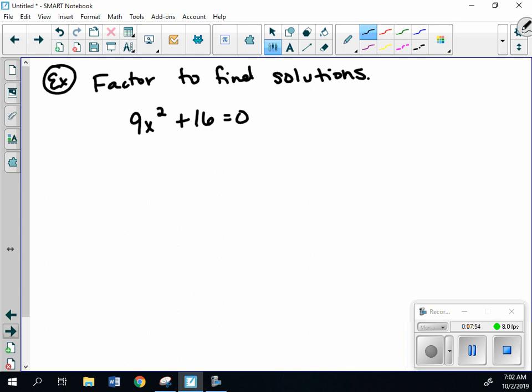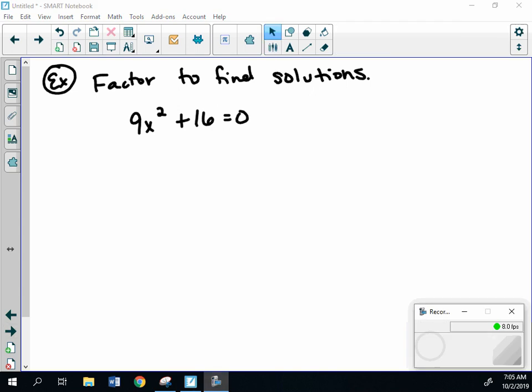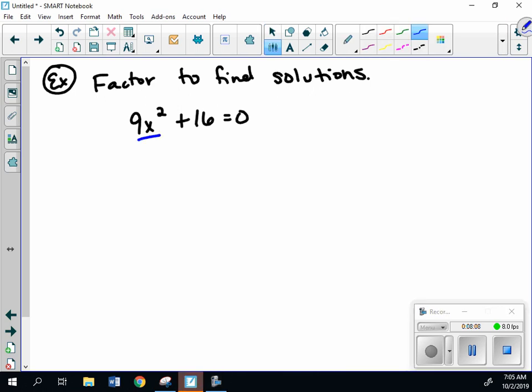Okay, so I want to factor this. I'm going to have to look at how the first term and the last term are perfect squares. Because they are perfect squares with addition, this is going to be in the form of a squared minus negative b squared.